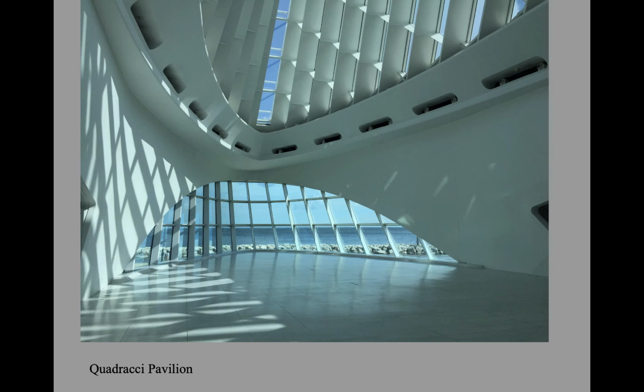So the Quadracci Pavilion itself essentially is the iconic sculptural addition to the Milwaukee Art Museum that was designed again by Calatrava with addition by Eero Saarinen. So this is one view that you see here, and this is the main area that you come into when you come into the art museum. It's literally located on Lake Michigan, and oftentimes this space is filled up with sculpture and used for exhibition spaces.